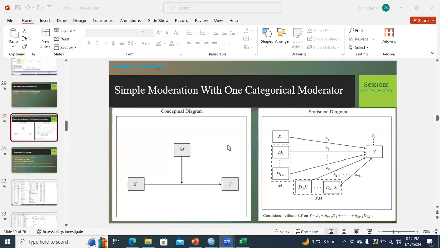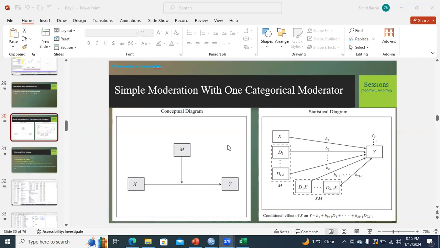All right, I was letting you know that when we are using the moderator as a categorical variable, we need to understand that for the number of categories of a variable we must have dummy variables, less one category. If we have three categories, we need to use two dummy variables. If we have four categories, we need to use three dummy variables.